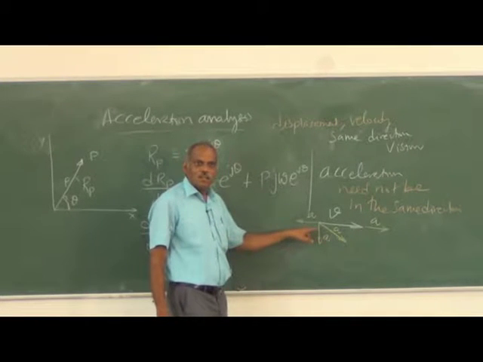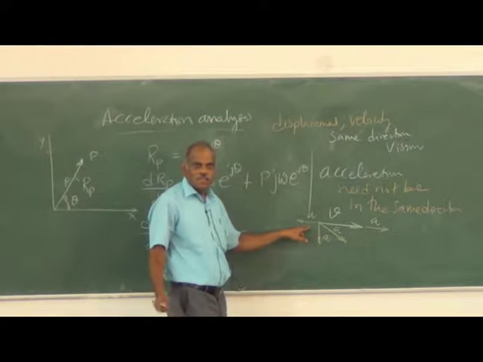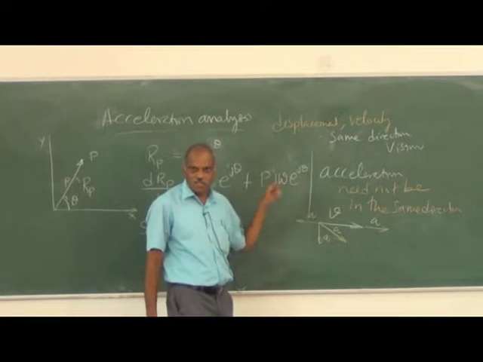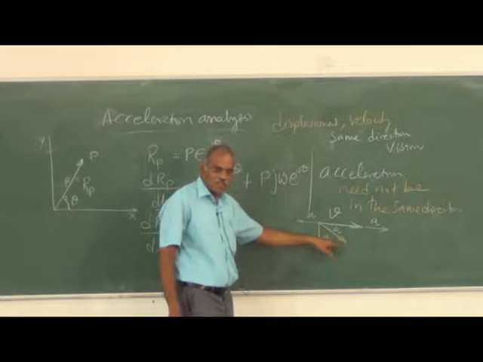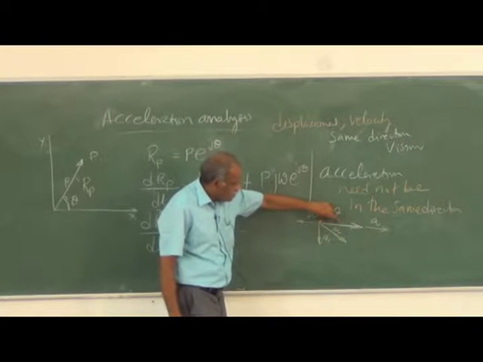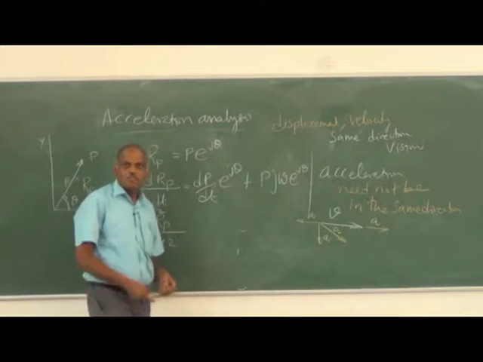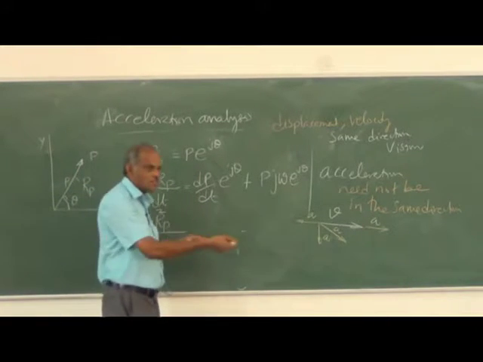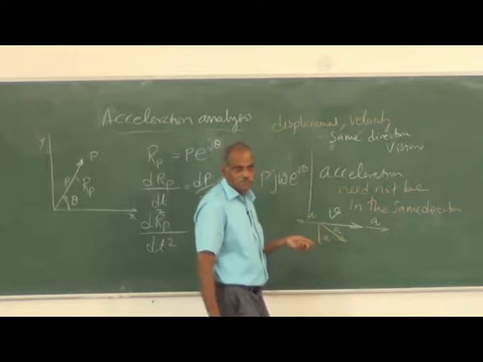If the change in velocity magnitude is negative, that is, if deceleration occurs, it will be in the opposite direction. But acceleration can be in a general direction, where if you take components of this, it can be along as well as perpendicular. That means the velocity vector changes both in terms of magnitude as well as direction.